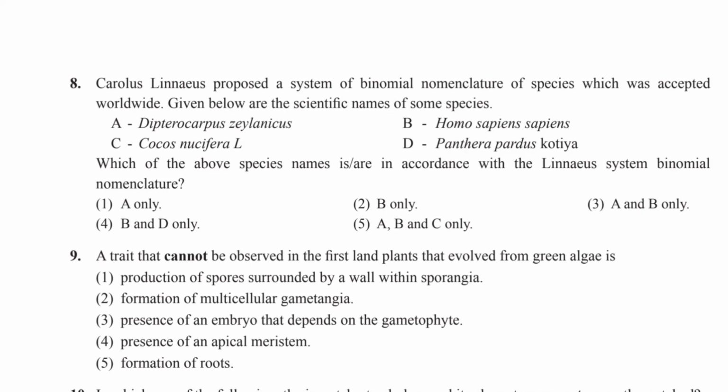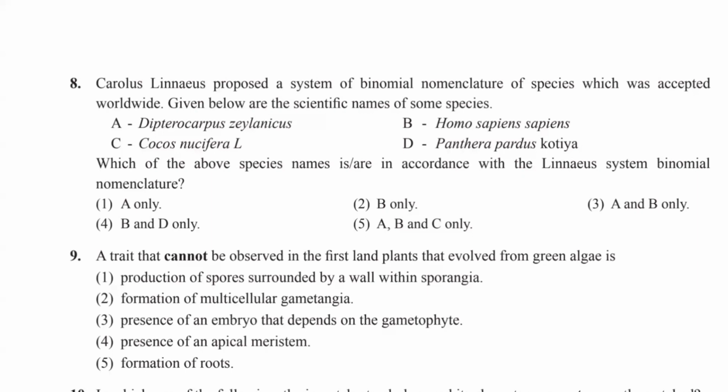Then Carolus Linnaeus, right? He introduced something called binomial nomenclature. And he classified plants into a hierarchical order of taxa, right? Taxa classification levels. What are the 4 levels? Species, genus, order, and class, right?